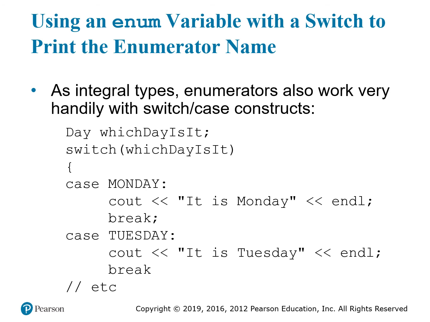So if I have a day called which day is it, I can do a switch on which day is it, and if that turns up Monday, I can very easily print it is Monday. If it turns up Tuesday, I can print it is Tuesday.